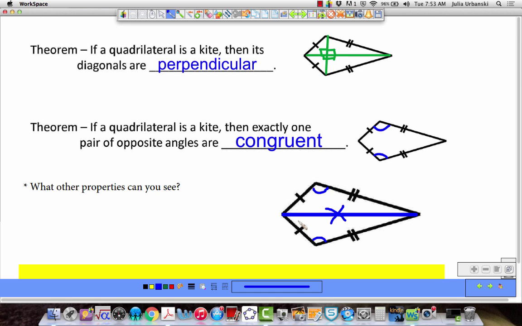What happens right here? If these two triangles are congruent, what's true about these two angles? They're congruent as well. So look, one diagonal does bisect the angles, but it's different than a rhombus because it's not both diagonals that do it.